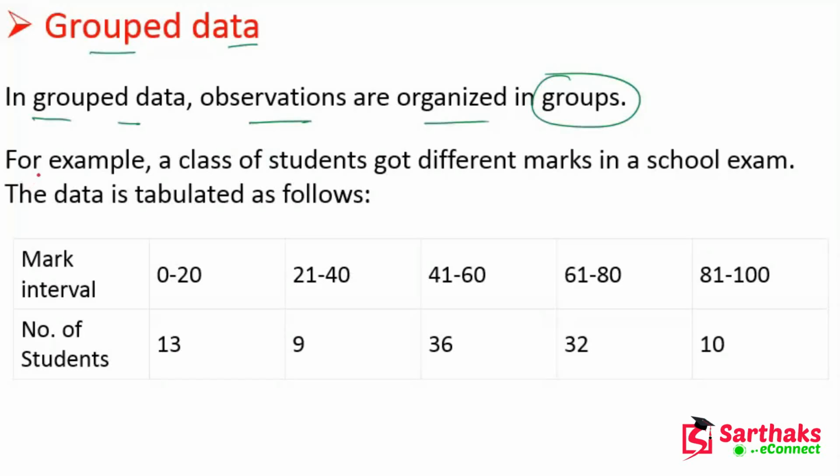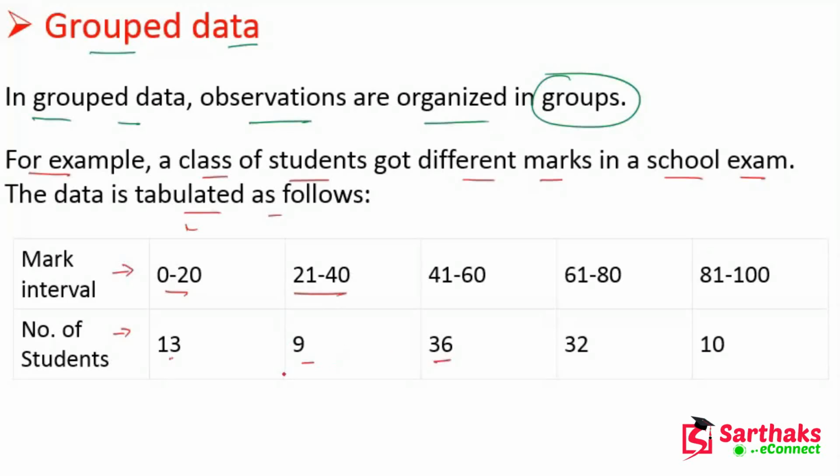Now if you talk about the examples, a class of students got different marks in a school exam, and the data is tabulated as you can see here. So here is marks interval, and here is number of students. It means there are 13 students for marks 0 to 20. There are 9 students for marks 21 to 40.